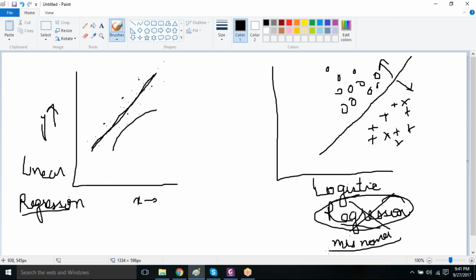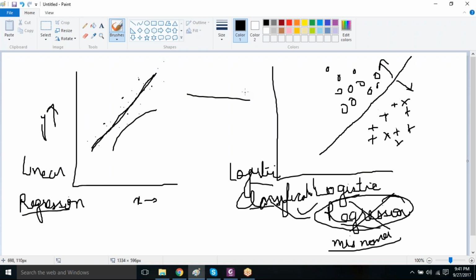People always confuse between them, and a lot of people will think this is a kind of regression, but it is not a regression. Basically, the name should be logistic classification. But anyway, at that time the mathematician named it logistic regression, so people are still following the same name, but actually it is a classification technique.